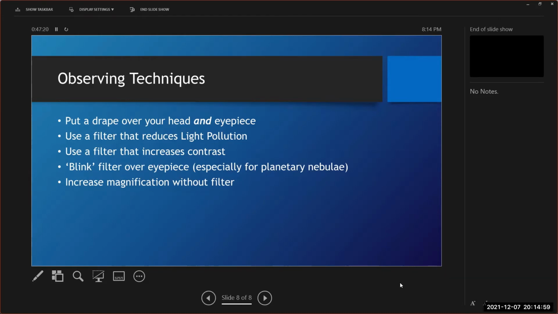When I'm using a deep sky filter on a nebula, let's say I'm looking at the Great Orion Nebula, I'll use a UHC filter for that viewing.